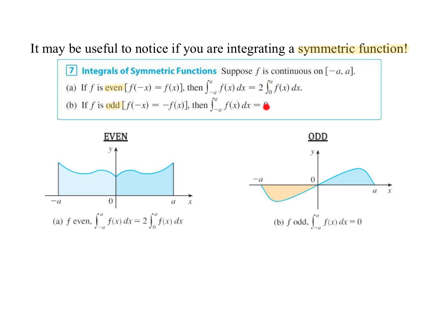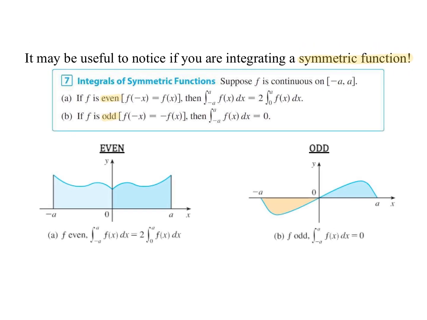So it's just going to be 0. This especially can really save you time, because you know that your answer is 0. You don't even need to find half of it. You'll just automatically know that they will cancel out. Again, this is not something that is required to evaluate these integrals, but it might save you some time if you notice that you are working with a symmetric function.